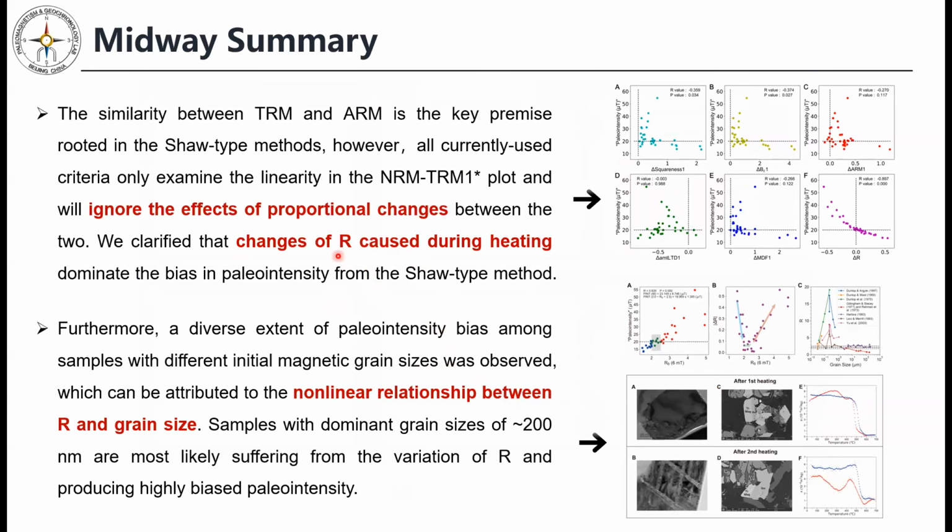We find that the change of R during the heating is the culprit of the biased result in the Thellier-type method, since the currently used criteria only examine the linearity of the NRM versus TRM1 correction plot, and will ignore the effects of proportional changes in R. Furthermore, we find that grain size reduction is the cause of the changes in R. And because there is a non-linear relationship between R and the grain sizes, some samples with dominant grain sizes of about 200 nanometers are more likely to suffer from the issues and may produce more biased results.